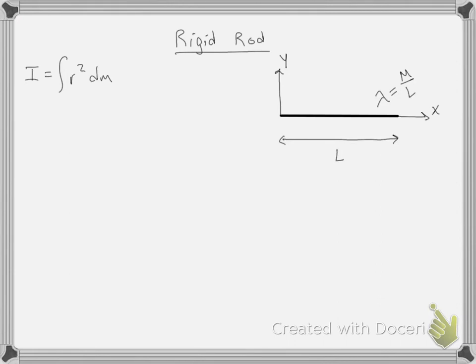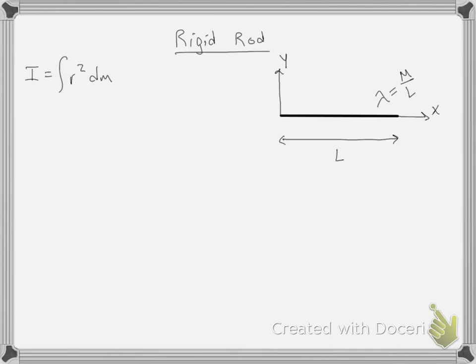Now again, this is the integral of r squared dm, meaning that we're taking effectively infinitesimal sized mass chunks that are comprising this rigid rod, and we're summing over the entire mass and over the entire length of this rod. Right? We are integrating across the entire length of all masses. So this is a continuous mass distribution, in other words.